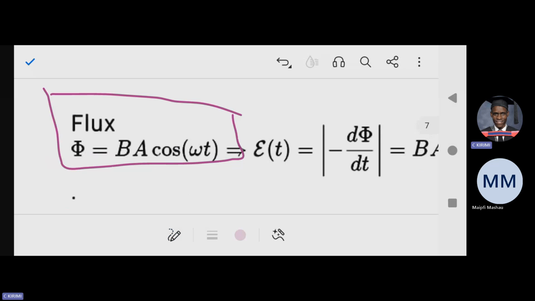Repeat again: you start by taking the constant outside, which is BA, and then you have the derivative of cos omega t.